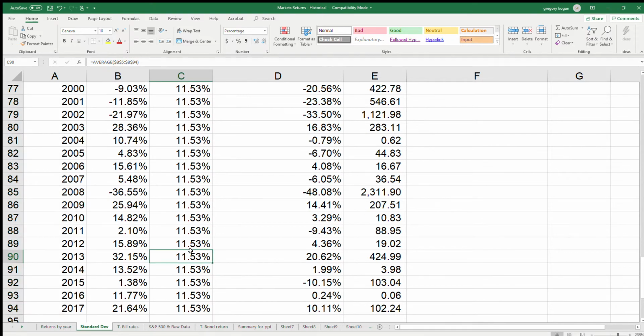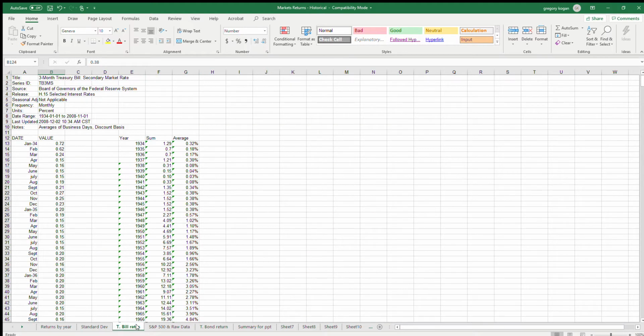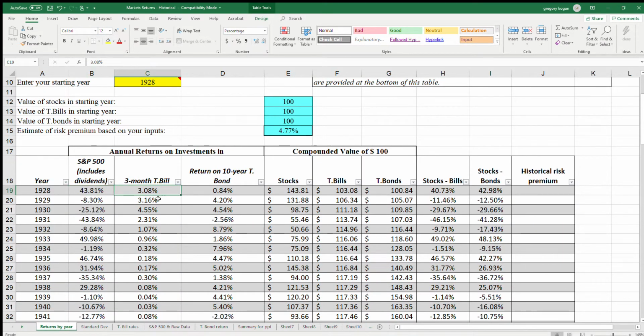So for the last 90 years, the average return of the S&P 500 was 11.53. Keep in mind this is gross, so we'd have to subtract the treasury rate to get the market risk premium, and I think they show that here as well. We can subtract this year by year, but we're not doing that right now.